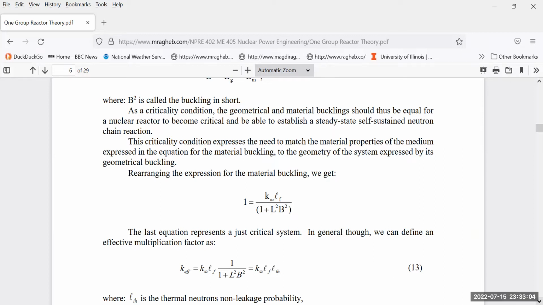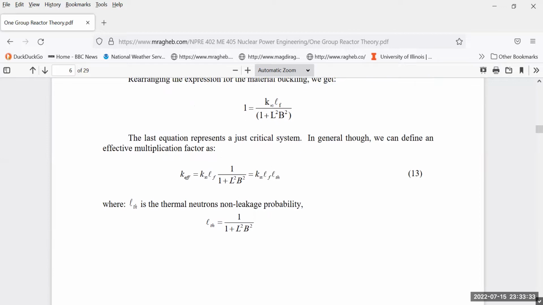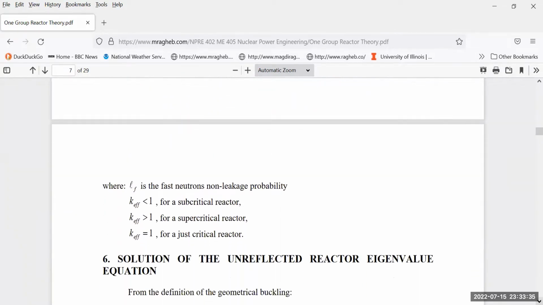So another way of writing the criticality equation is that the effective multiplication factor is the infinite medium multiplication factor from the 4-factor formula, which we know how to calculate, multiplied by a thermal non-leakage probability, 1 over 1 plus L squared B squared, which can be identified as the L sub thermal right here. And this term, we'll see later, can also be calculated and modified in the design.